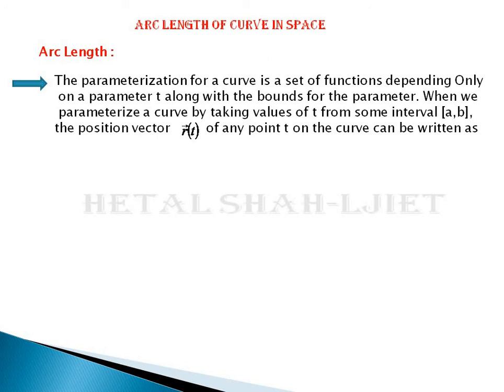This is the definition of arc length. The parametrization for a curve is a set of functions depending only on a parameter t along with the bounds for the parameter.